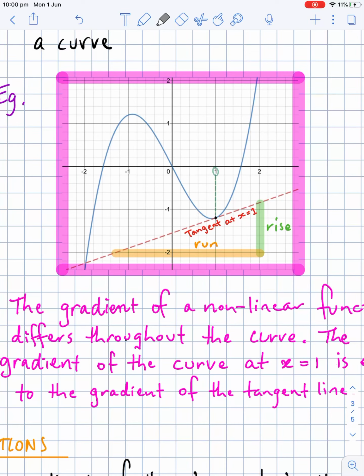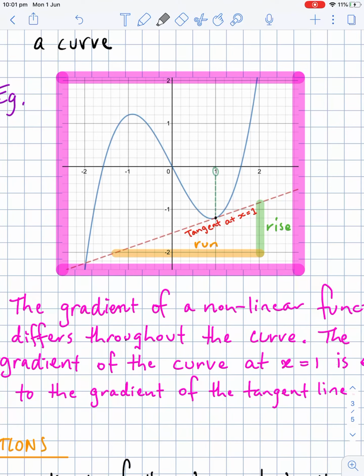I'm using this tangent line to figure out a rise and a run. If you want to figure out the gradient at this point right here, you have to draw a tangent line, and then using that tangent line, we can make a rise and run from that, and we can find the gradient from the rise divided by run.